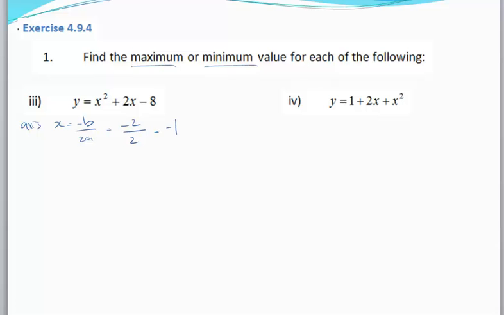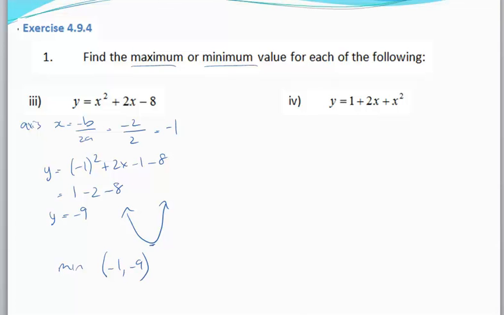When x is minus 1, y will be minus 1 squared plus 2 times minus 1 minus 8. So 1 minus 2 minus 8. Here y is equal to minus 9. So what we have here, it's positive, so it's going to be concave up, and this will be our minimum. Minimum value will be minus 1, minus 9.